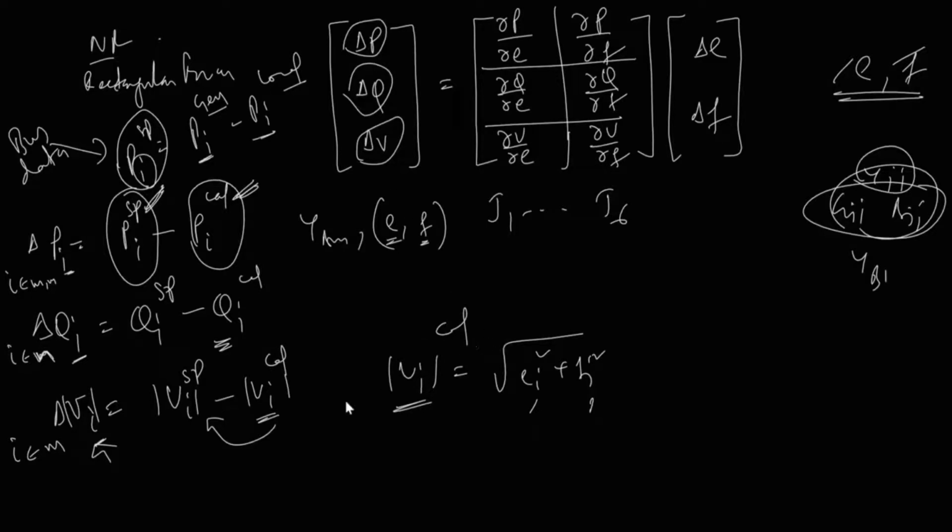Now once we have these, then we have to form the Jacobian. So first we have to derive the equations for Jacobian elements. We use these terms in deriving the Jacobian elements, that is the current injection into a bus, ith bus, the current injection Ii.